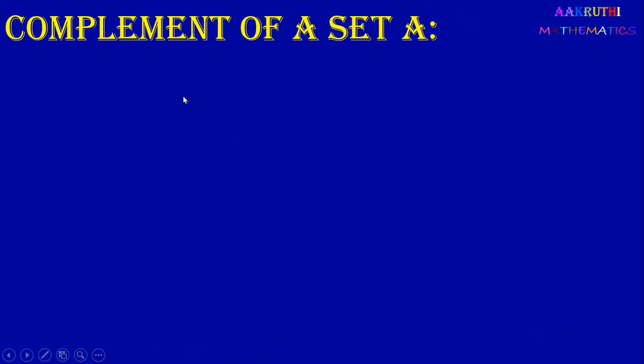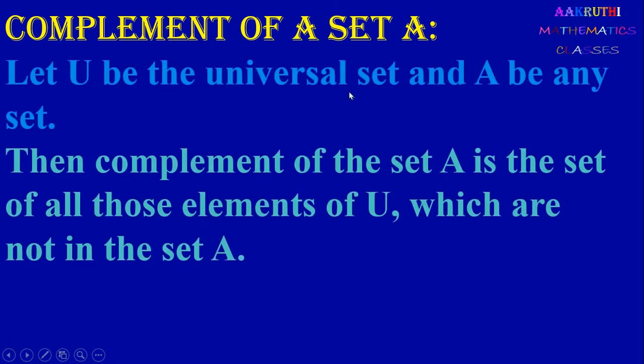Now we see the definition of the complement of a set. Let U be the universal set and A be any set. So you have to take one universal set first.